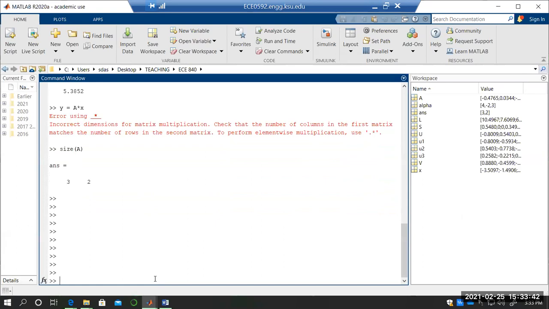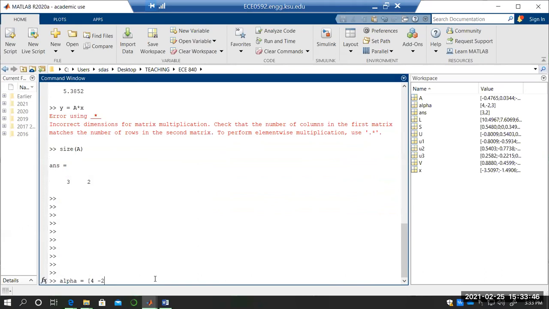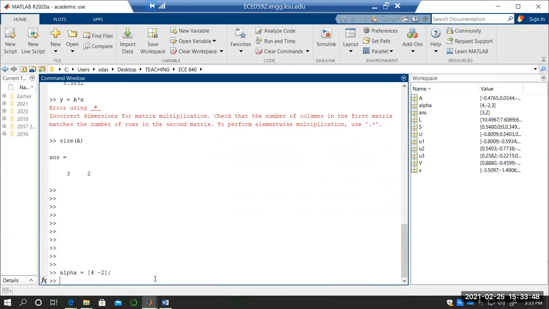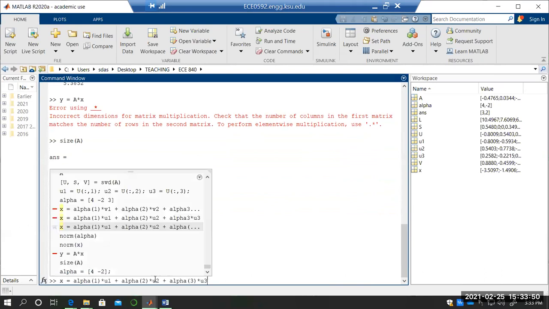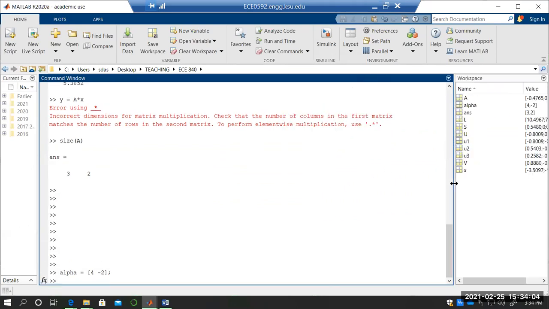So alpha is equal to, let's adjust this. Okay, and x is equal to, oh, I need v's too. V1, what's v? It's 2 by 2, right? It's 2 by 2, yeah.